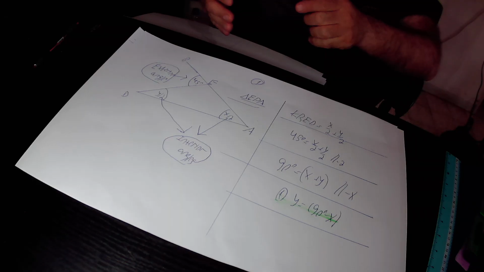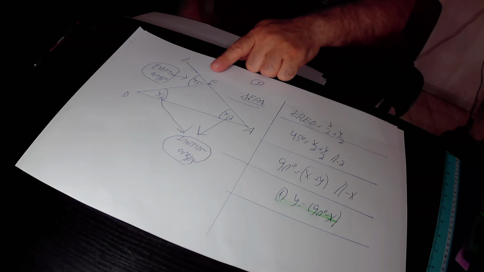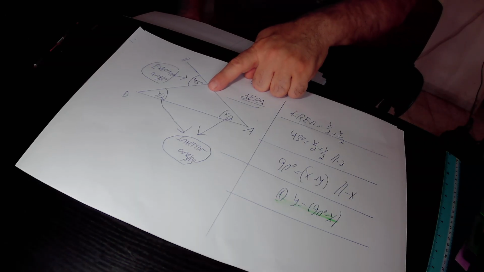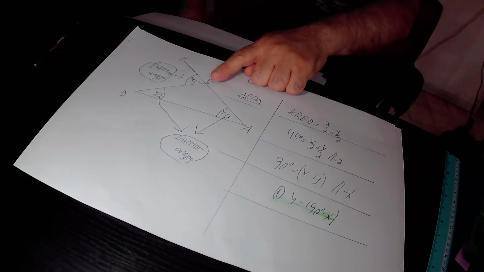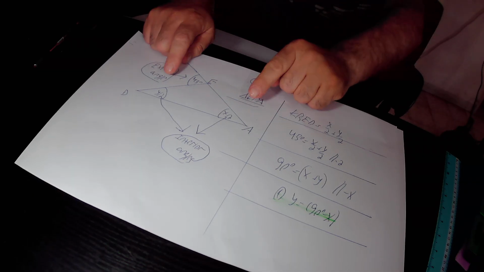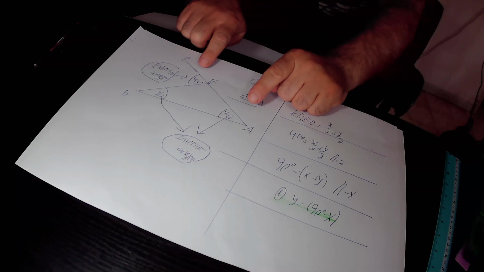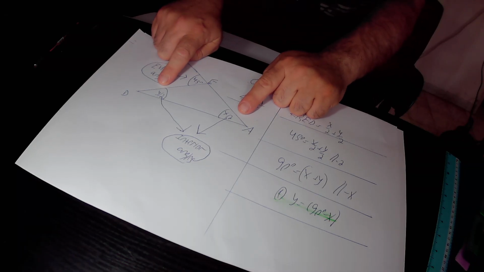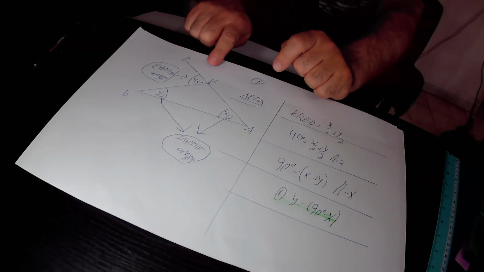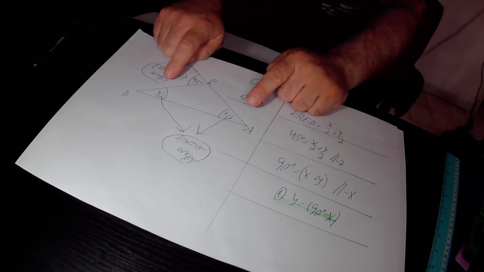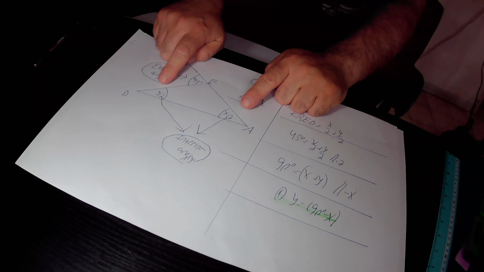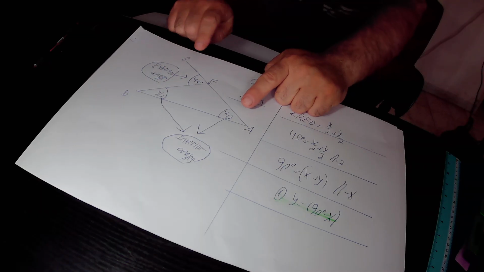According to rule 4, the size of this external angle BED will be equal to the sum of the two internal angles that are not adjacent to it. This angle is adjacent to angle BED, and the two other angles that are not adjacent to angle BED are x over 2 and y over 2. And according to rule 4, the size of angle BED equals x over 2 plus y over 2. That is the sum of the two internal angles that are not adjacent to this external angle BED.